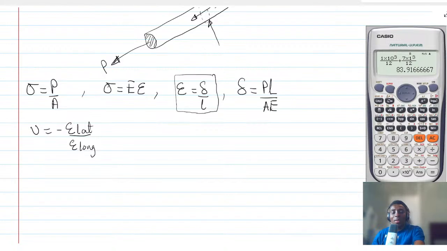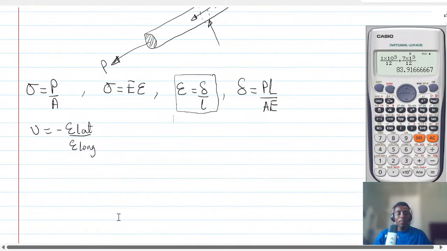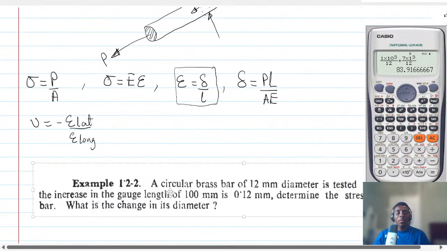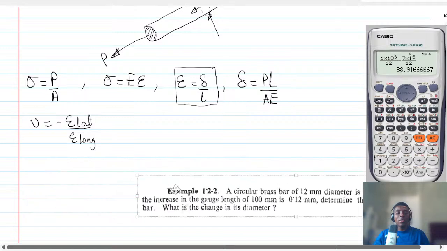So let's look at this example. Over here there's an example.